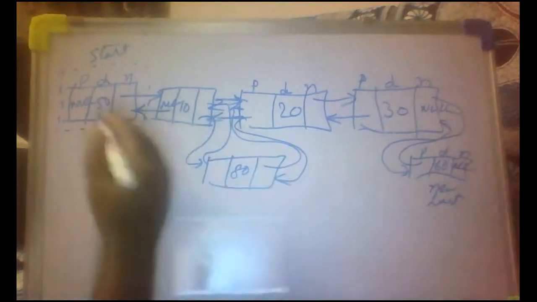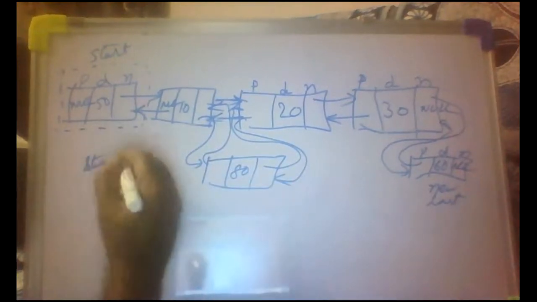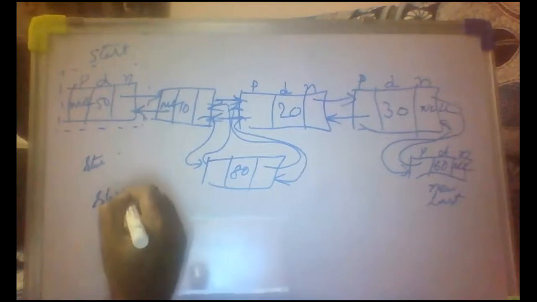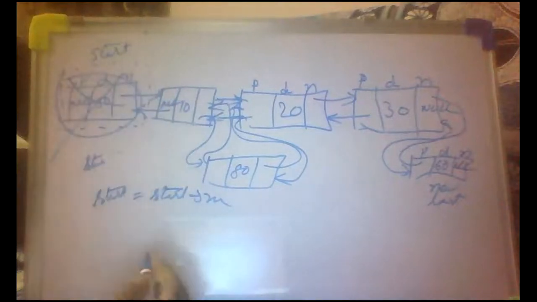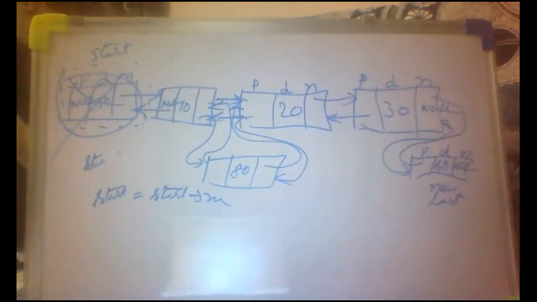Then these are the double linked list operations. I want to remove, for example, your start equal to start next. Then simply remove this one. Okay. Then these are the double linked list operations.